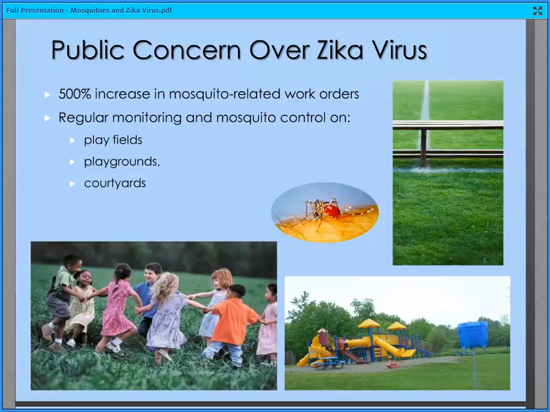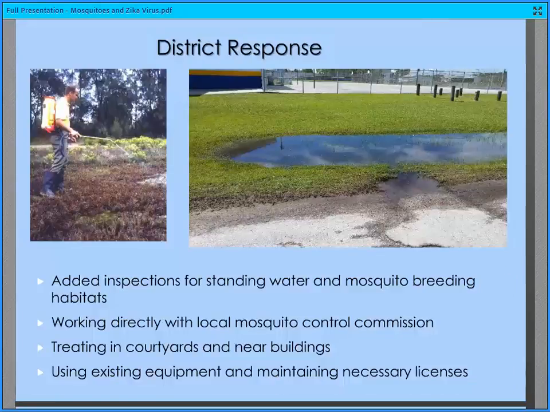The way I looked at it when we got into this is that we're those first responders. We go out and do inspections where the mosquitoes are breeding, their habitats, and if it's something that we can treat, we'll go ahead and treat the area.